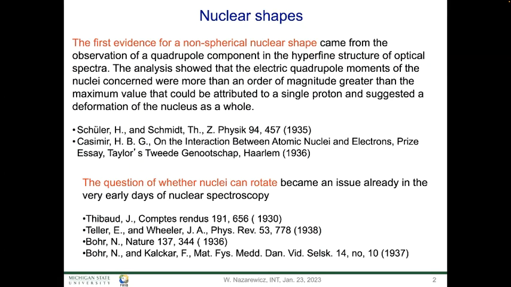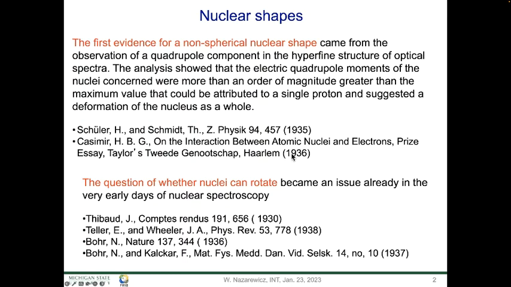And this is due to interaction of electrons with quadrupole moments of nuclei. So the quadrupole moment of the nucleus generates a quadrupole field, and electrons, especially K shell electrons, interact with this quadrupole moment, and this gives rise to small shifts of energy levels of atoms.